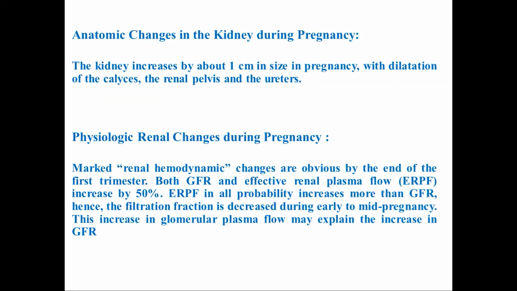So both the effective renal plasma flow and the GFR increased by 50%. The effective renal plasma flow in all probability increases more than the GFR. Hence, the filtration fraction is decreased during early to mid pregnancy. This increase in glomerular plasma flow may explain the increase in the GFR.